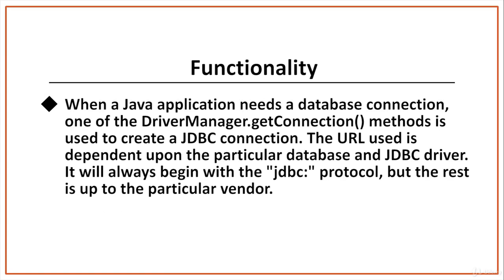When a Java application needs a database connection, one of the DriverManager.getConnection methods is used to create a JDBC connection. The URL used is dependent upon the particular database and JDBC driver. It will always begin with the JDBC protocol, but the rest is up to the particular vendor.